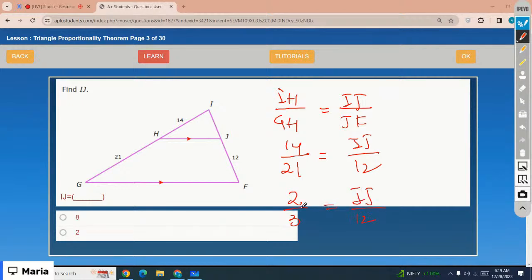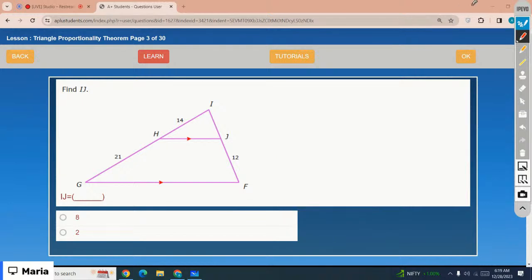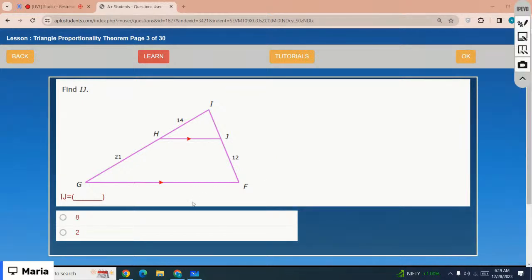For IJ, just cross multiply, 2 times 12 divided by 3. 2 times 12 is 24, and 24 divided by 3 is 8. The correct option is 8. Got it?